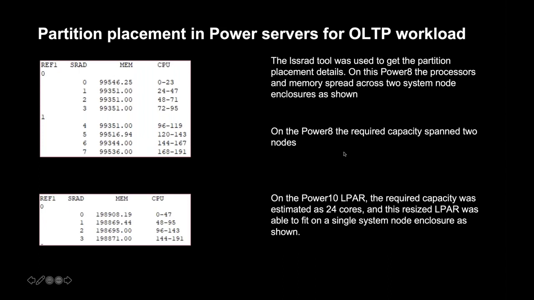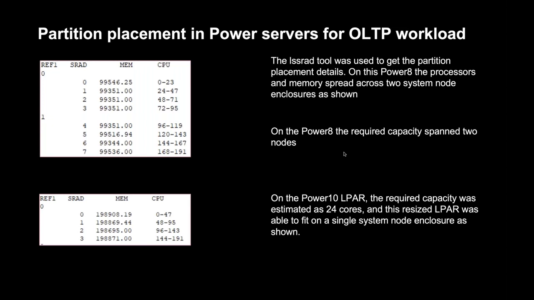A note, I mentioned before that we did good placement in our tests of where the processes were allocated to this workload. We used the lssrad tool. SRADs are a description.